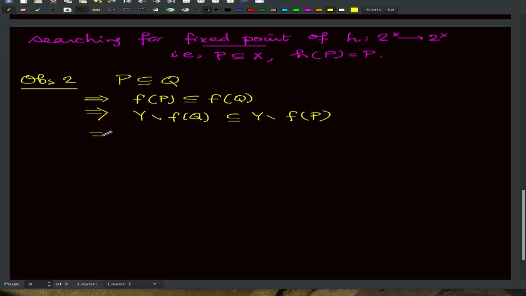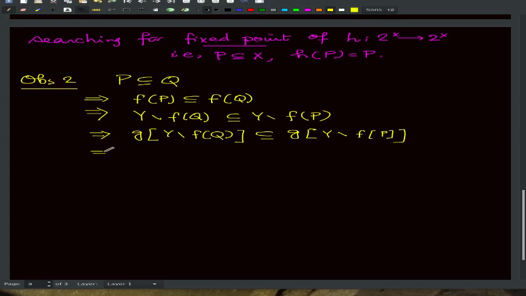And then g of this is smaller than, sorry, right?